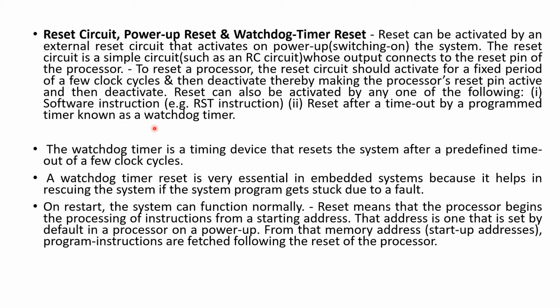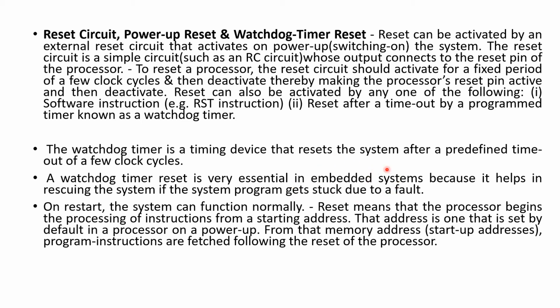This is a watchdog timer, another timer circuitry which is going to reset the system after a predefined time interval, that is, after a few clock cycles the system is immediately reset. Why is this done? Because if any fault occurs, it is going to rescue the system. So the watchdog timer is very essential because it will automatically reset the system.